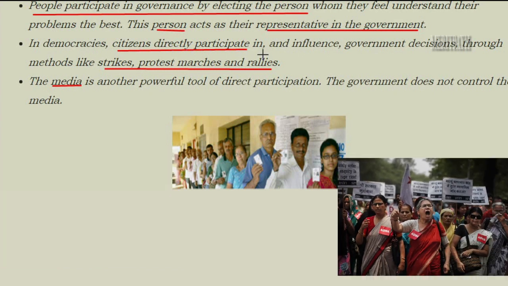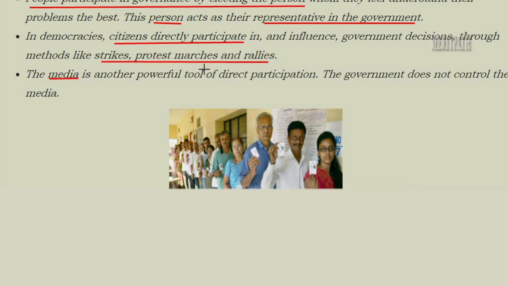Also, in democracies, all the people of the city participate and influence the government decisions. How do they do so? By participating in strikes, protests, marches and rallies. And then media: the news channels, the newspapers, all these things come under media, and also the internet. This is a very powerful tool for the people in a democratic government, because through media they can directly participate in the government decisions.